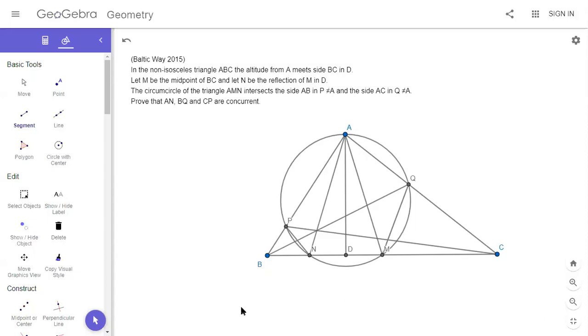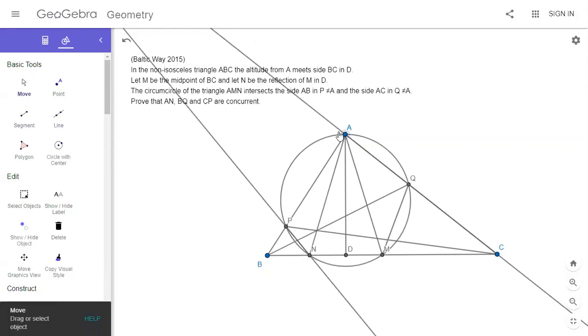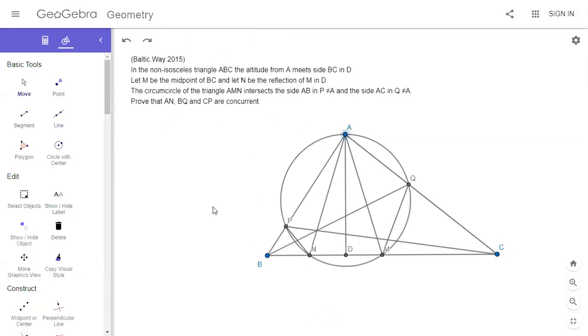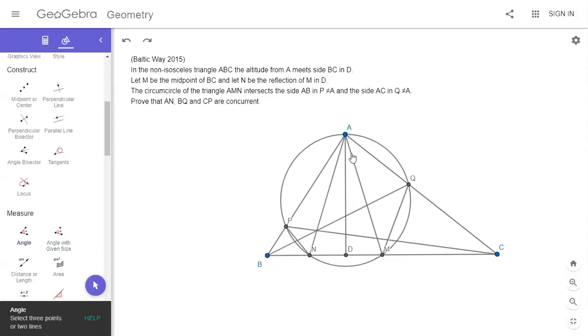Is it parallel, or is it PN? Yeah, they are not parallel. It's pretty close though. But we have, for example, this angle is equal to this angle.